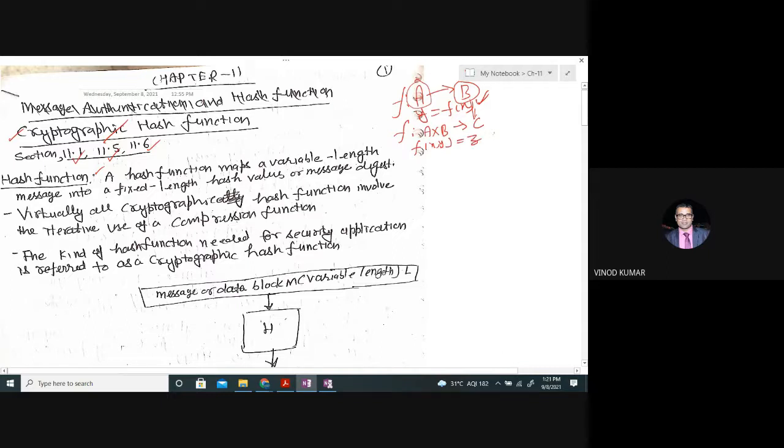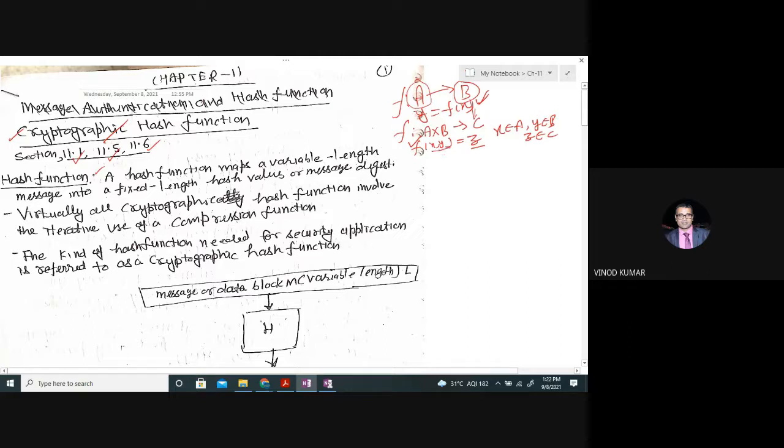Here x is from A, y from B, and z from C. This is a multi-valued function, yeah, a two-valued function, because the input is more than one quantity and the output is one.